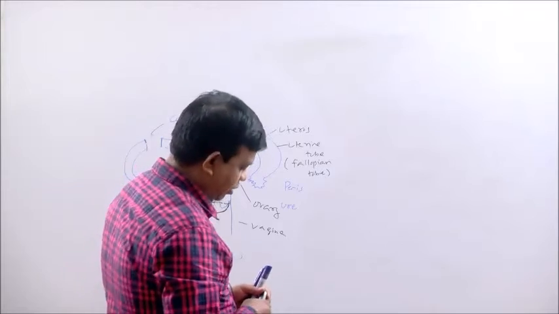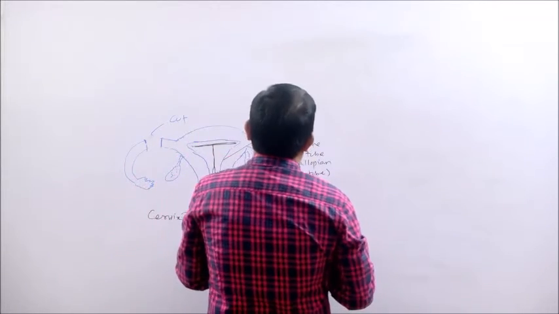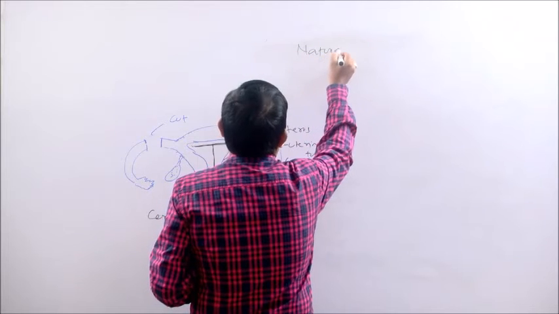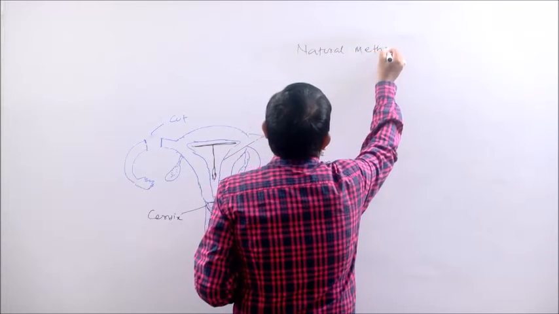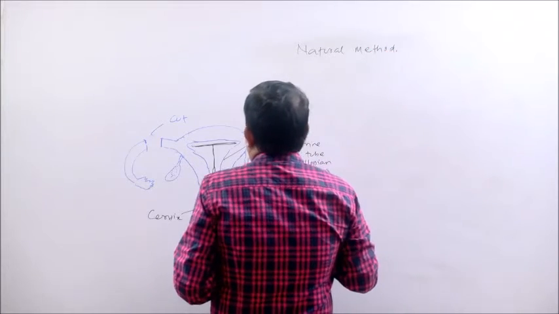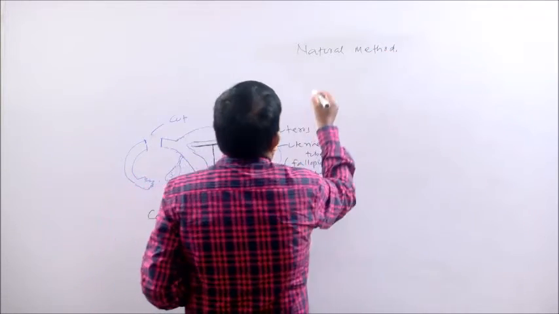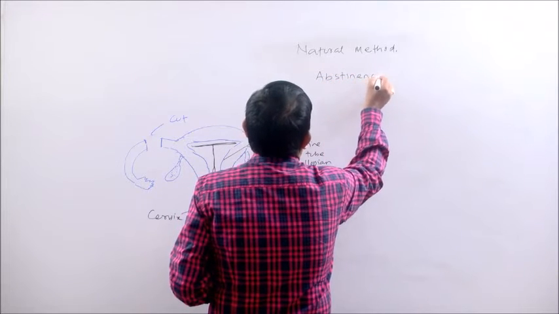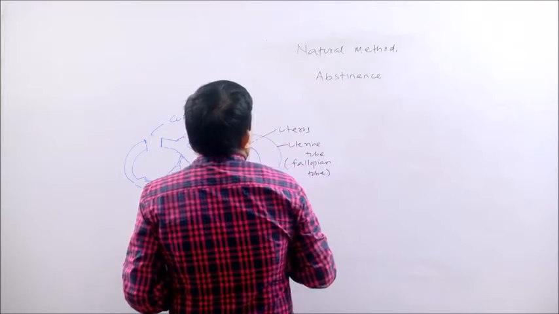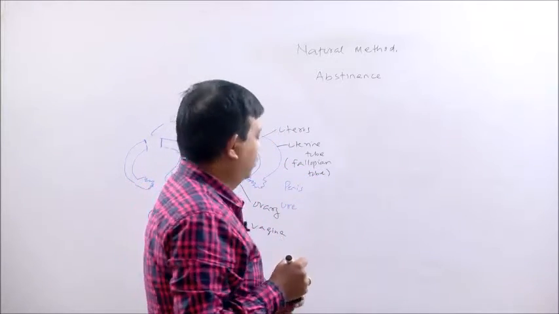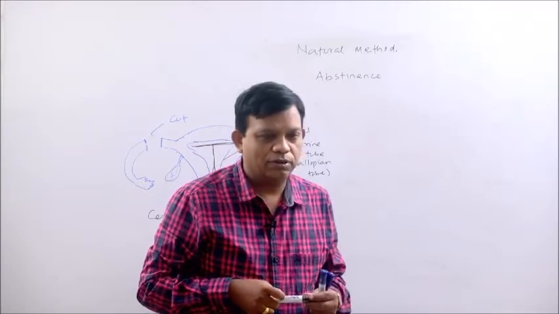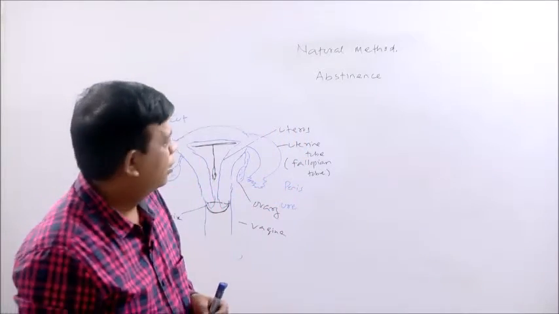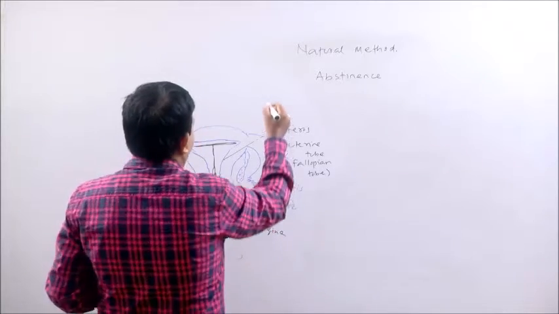And finally, we have the natural methods of birth control. One of the natural methods of birth control is abstinence, or rather periodic abstinence.